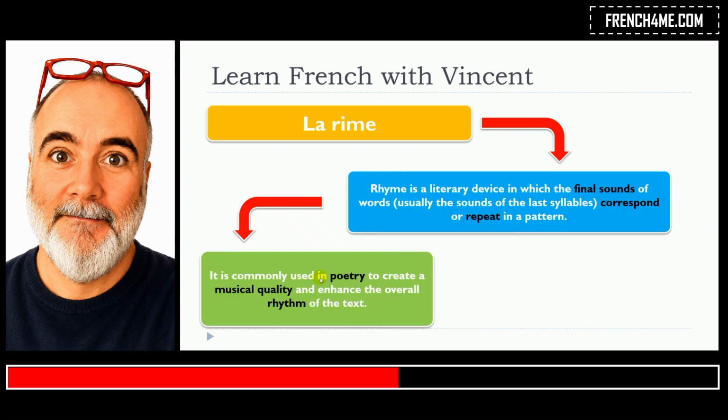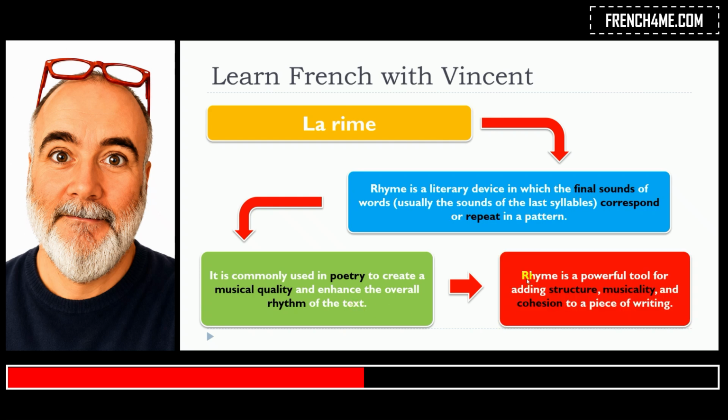It is commonly used in poetry to create a musical quality and enhance the overall rhythm of the text. Rhyme is a powerful tool for adding structure, musicality, and cohesion to a piece of writing.